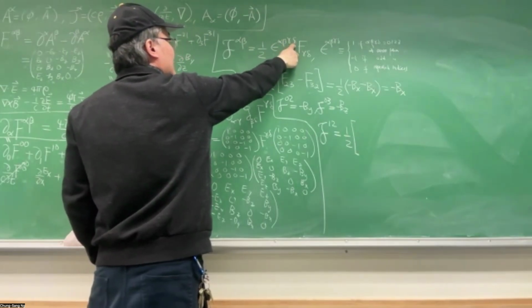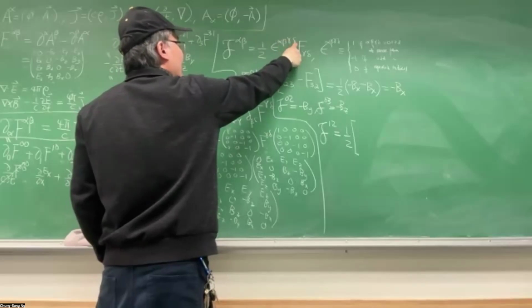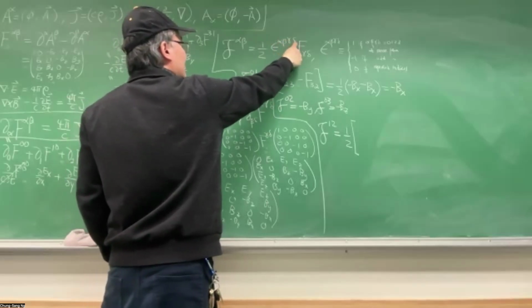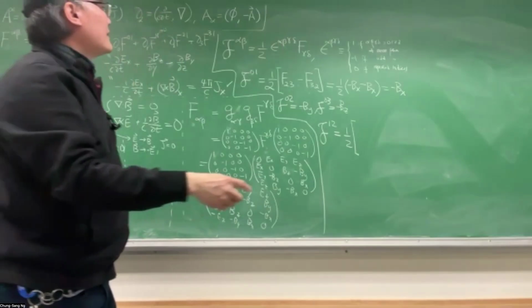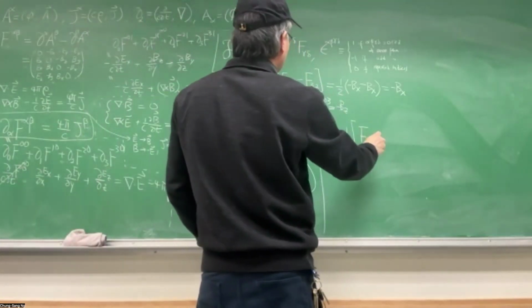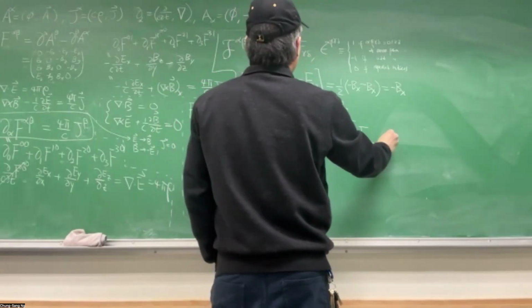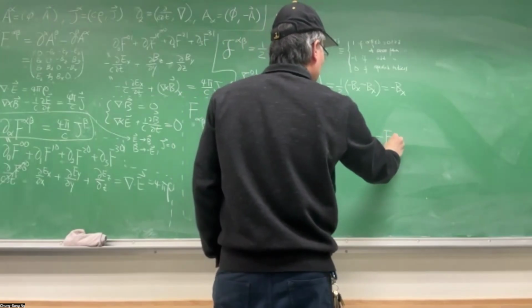And 3, 0 is positive. 1, 2, 3, 0 is positive. 1, 2, 0, 3 is negative. So the first positive one is 1, 2, 3, 0, and the other one is negative.